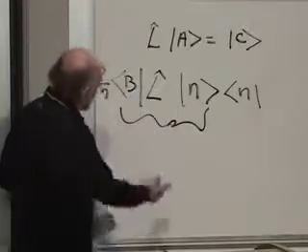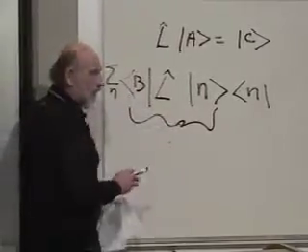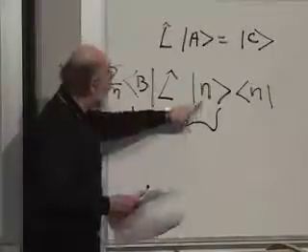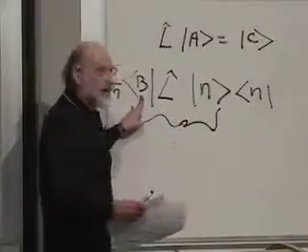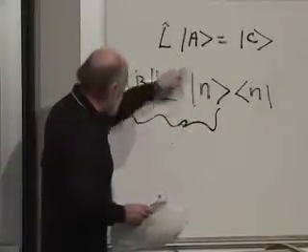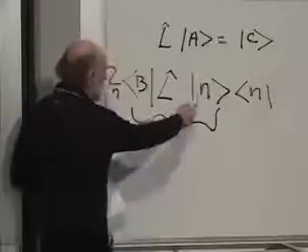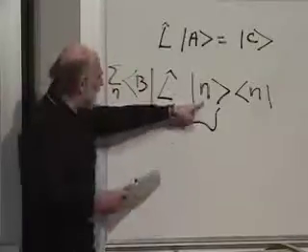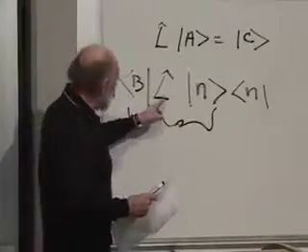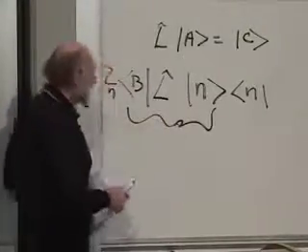So instead of allowing L to act on the bra vector to the left, interpret the symbol as L acting on the ket vector to the right and then taking the inner product with B. We can define this matrix element. It's called a matrix element. It's a sandwich, in this case with two different kinds of bread, N and B, with the bologna in between being the linear operator L.